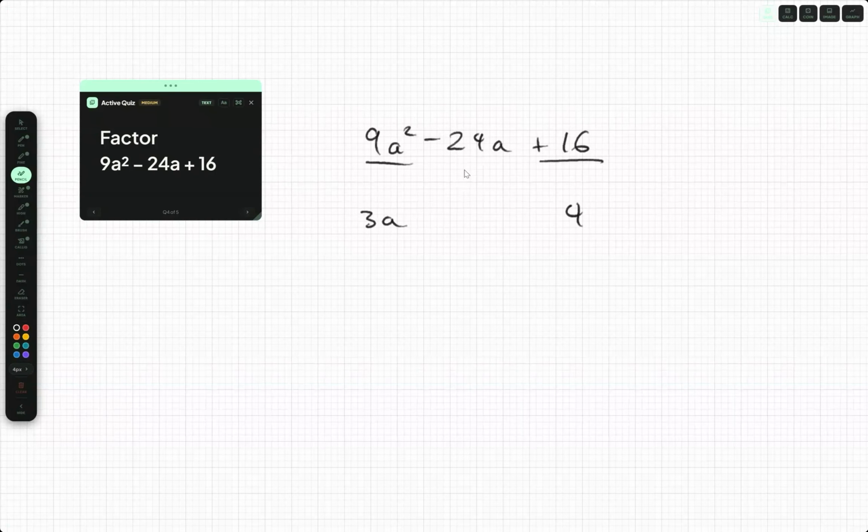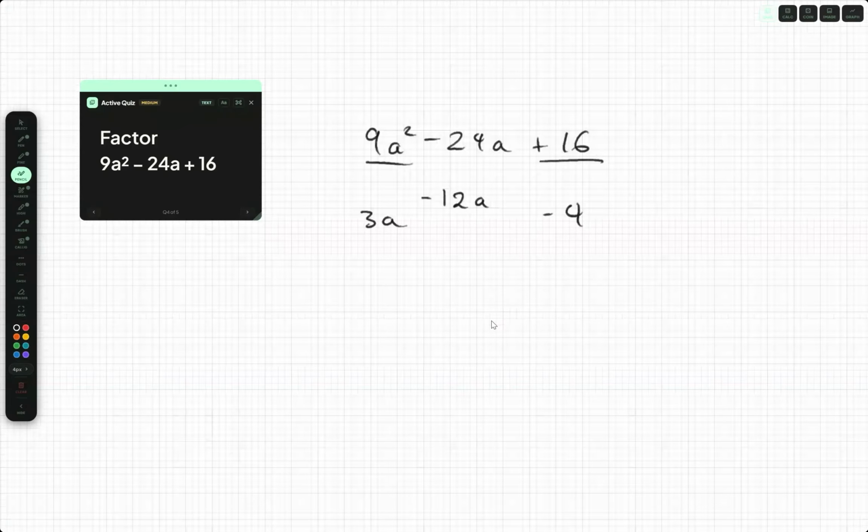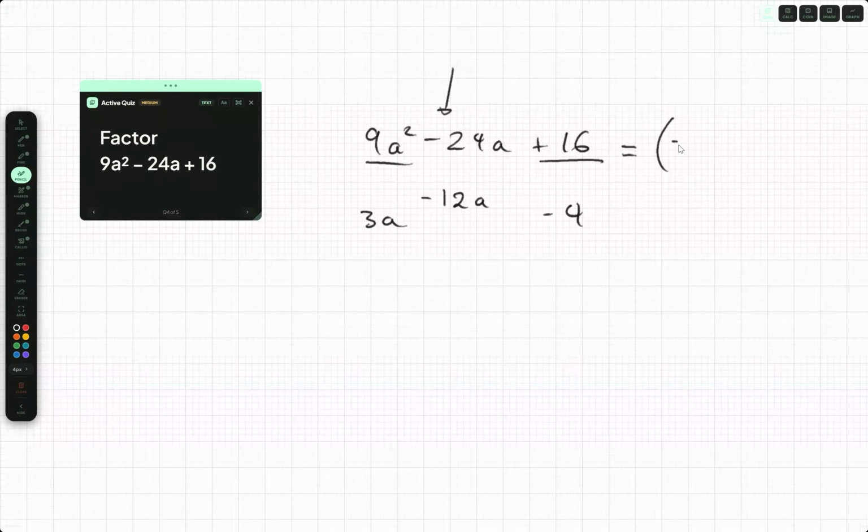Yes, I would, because if I divide this by 2, I'm left with minus 12a, and 3a times 4 is not going to be minus 12a, because we have to change one value, and that is change this to a negative 4. So this is still a perfect square, but because the second term is negative, it's going to be (3a minus 4) squared.